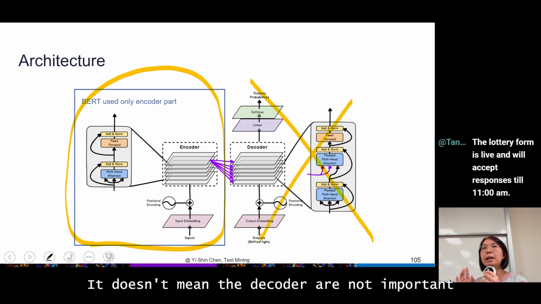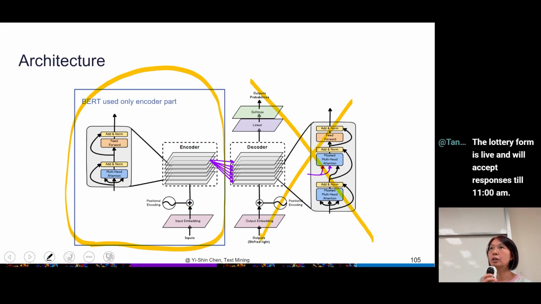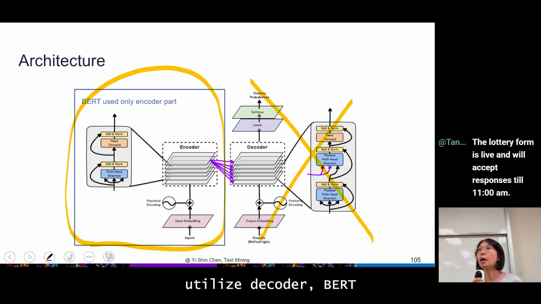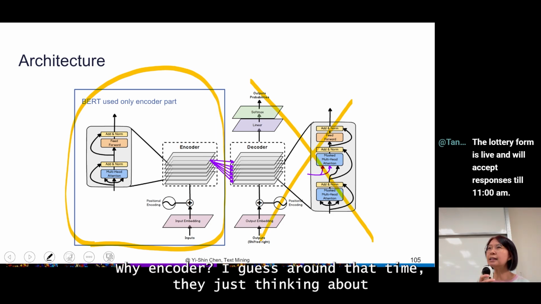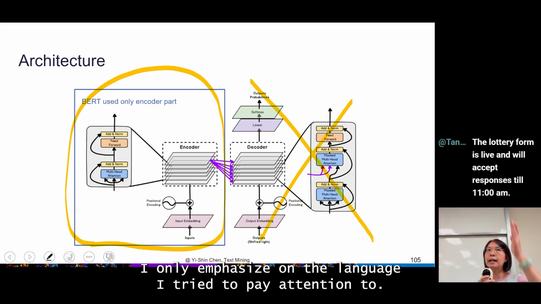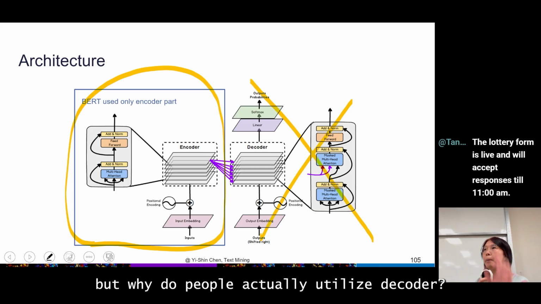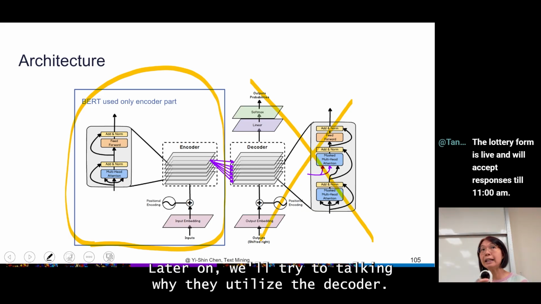Okay? It doesn't mean the decoder is not important, because GPT utilizes the decoder. GPT or ChatGPT utilizes the decoder. BERT only utilizes the encoder. Why encoder? I guess around that time they were thinking, if I just use the encoder, I only emphasize the language I try to pay attention to. I don't need to talk about something else. That would be good enough. But why do people utilize the decoder? Later on, we will talk about why they utilize a decoder.